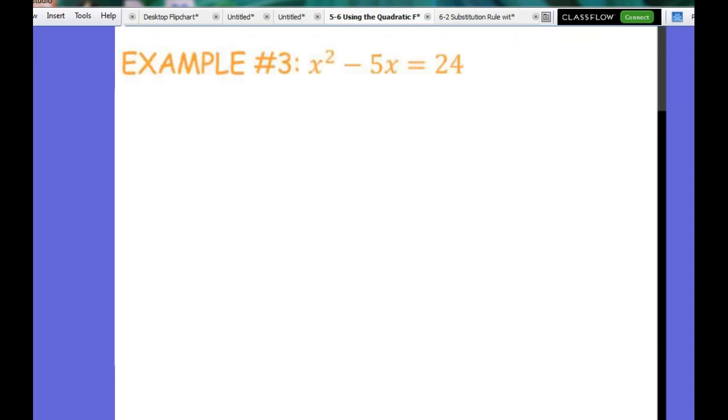So let's look at example 3. You have x squared minus 5x minus 24 equals 0. Our discriminant will be b squared minus 4ac.